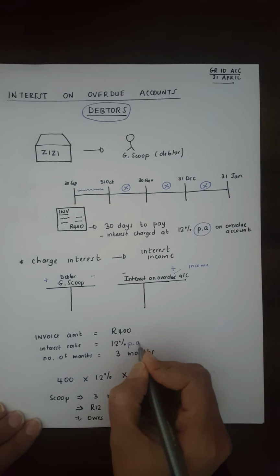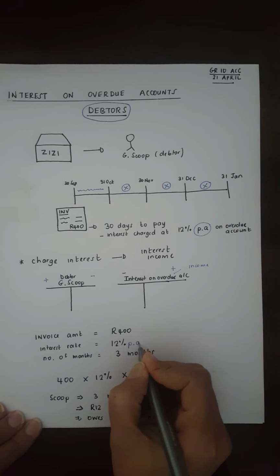How we're going to calculate it is, we take our 400 Rand and multiply it by 12%. Remember, this step gives the amount per annum. On my calculator, 48 Rand is my answer, but that's not the amount I'm going to charge him.